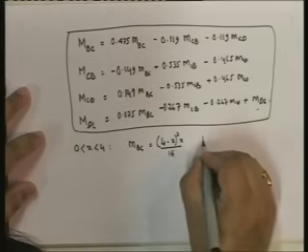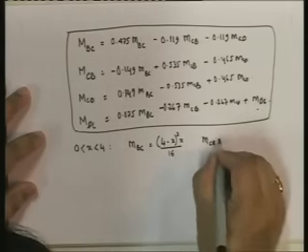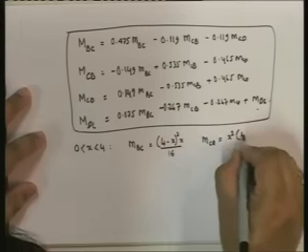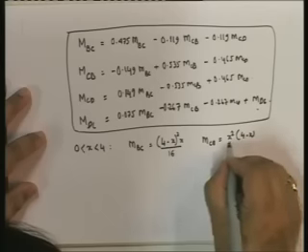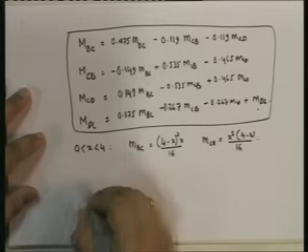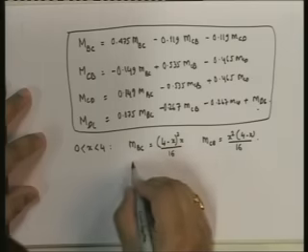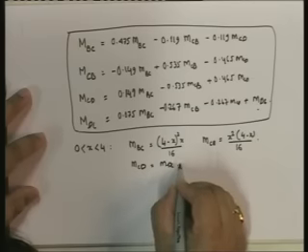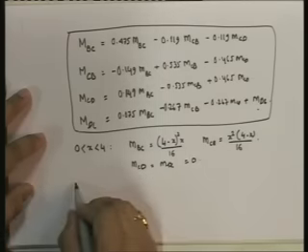That is MBC. MCB is equal to x squared into (4 minus x) upon 16, and MCD and MDC are equal to 0.